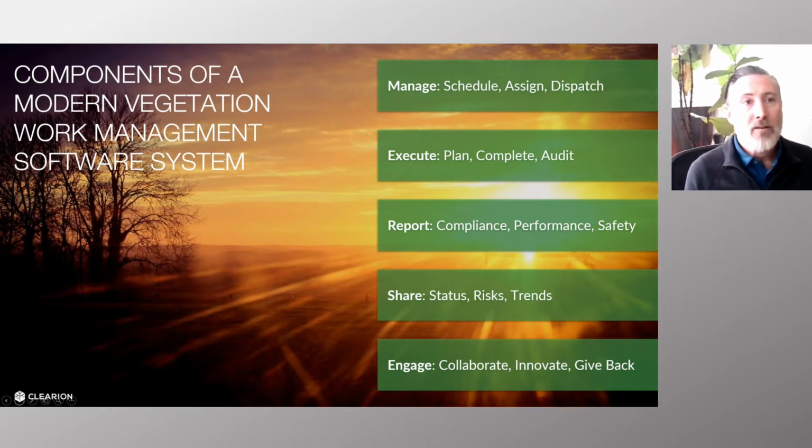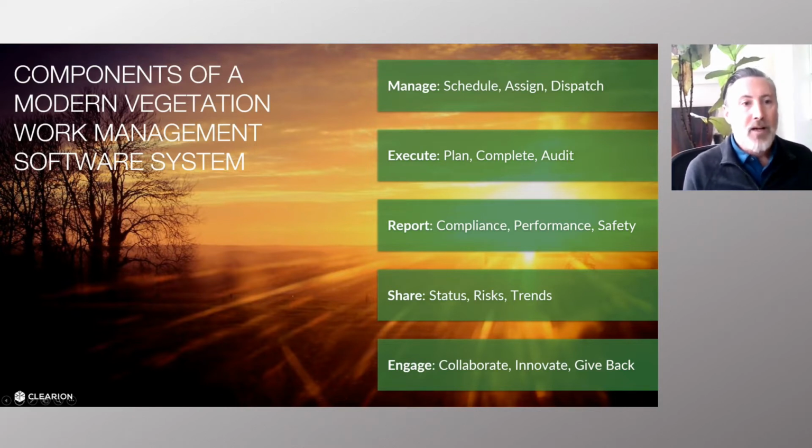Third is reporting for regulatory compliance, performance, safety, financials, and then kind of broadening out more recently into trends that we see, which is really sharing information across stakeholders within a utility, and regulators and other interested parties to look at status of work, emerging risks, emerging trends in what's happening in the field.